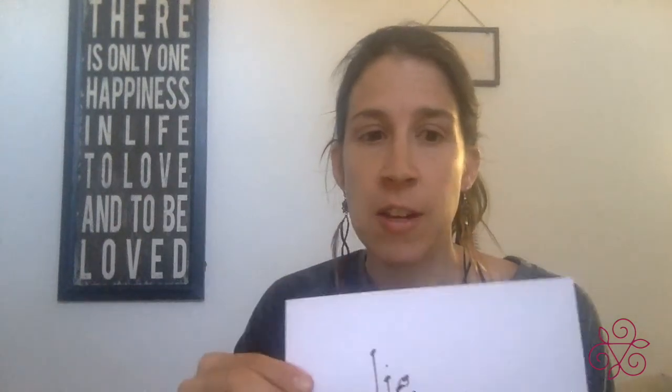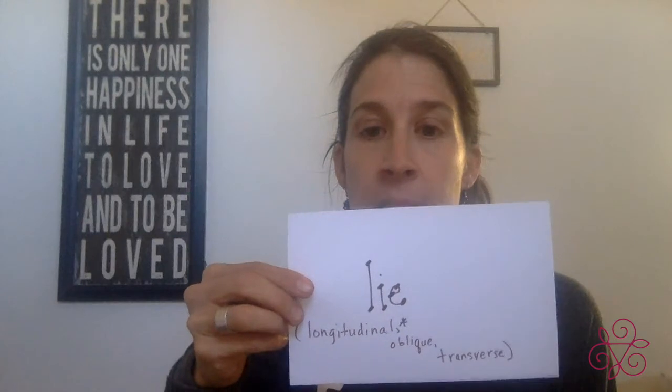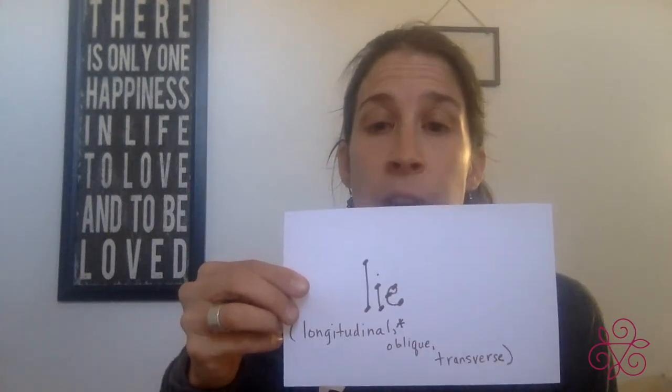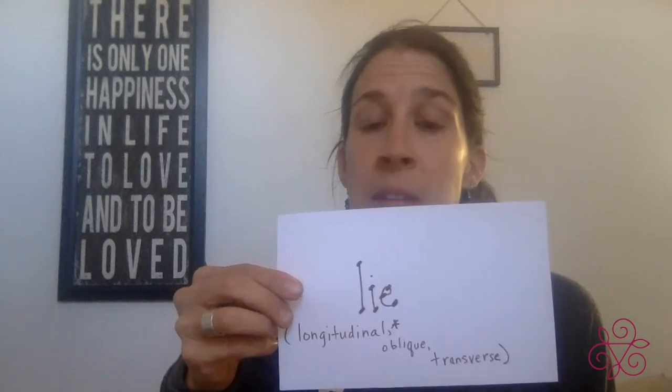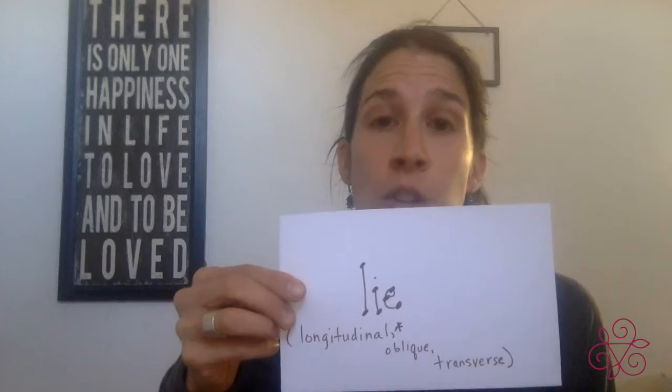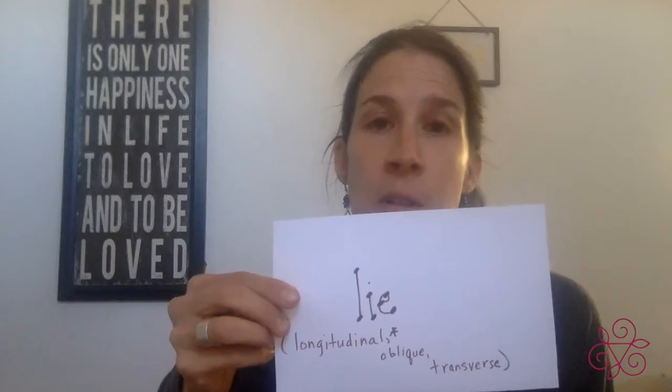So the very first flashcard here is fetal lie. How is the baby lying in the uterus? There are three possibilities here. The baby is longitudinal, oblique, or transverse. This is a simple classification.